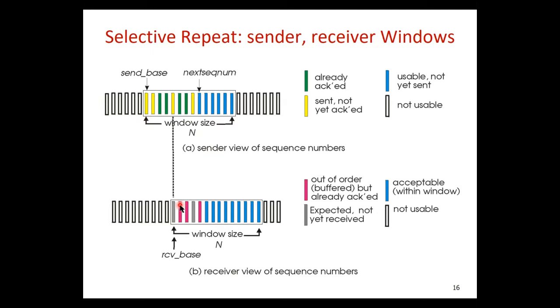Okay, now another question for you. This could be a snapshot of the windows at the sender and the receiver taken at the same time. I take a snapshot, and I have the windows that look like this. Here I see that the sender window is kind of behind.